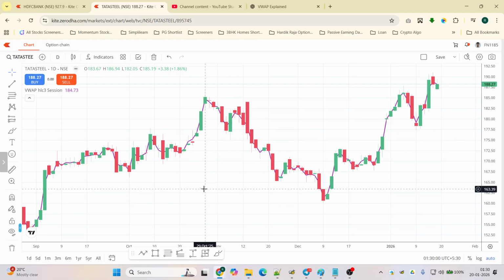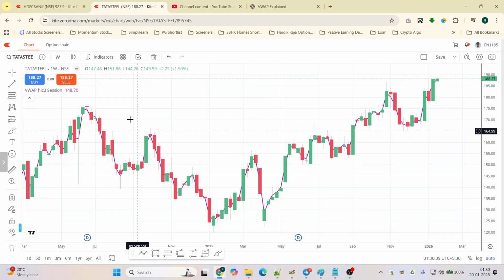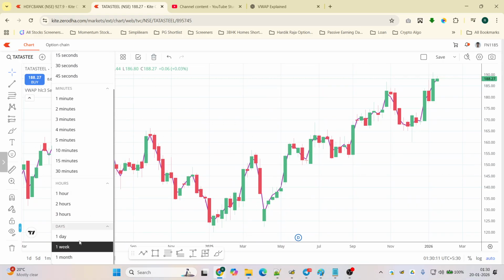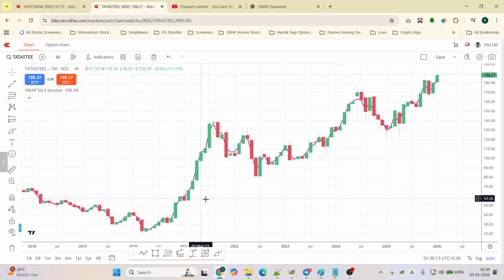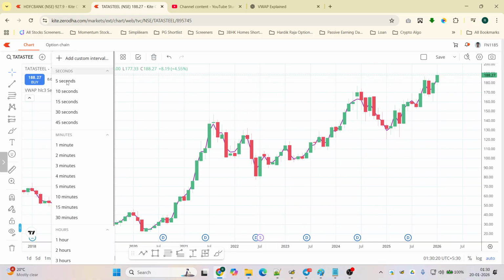If you can see, it is exactly going through the middle of each candle in a day, and for a week also it is the same. So you cannot really figure out any trading strategy in a higher time frame with the VWAP indicator. This is on a monthly. As I said, this is for intraday.